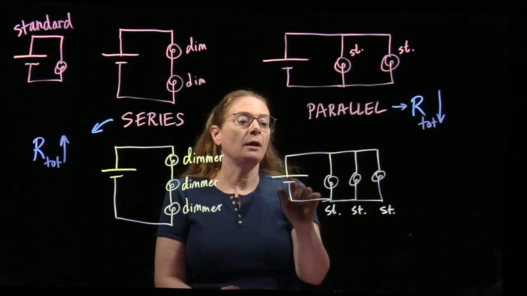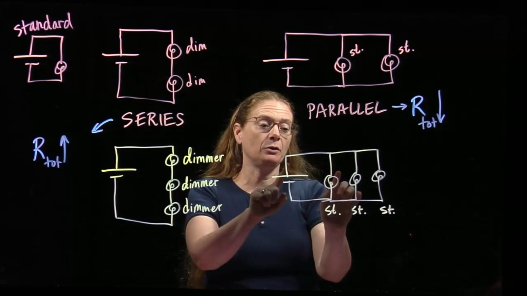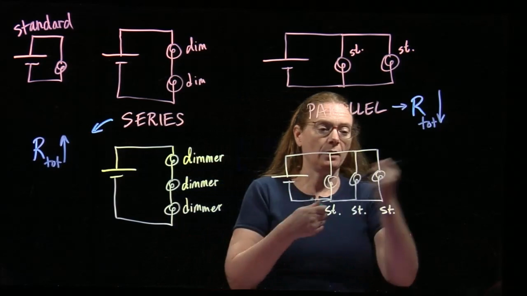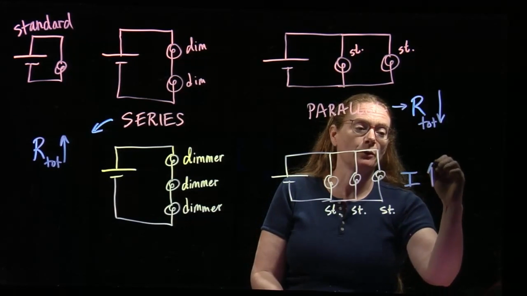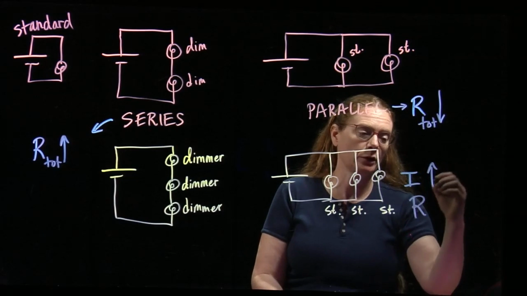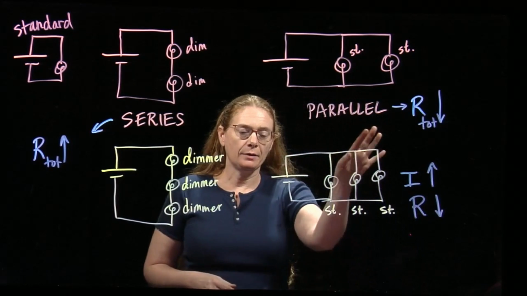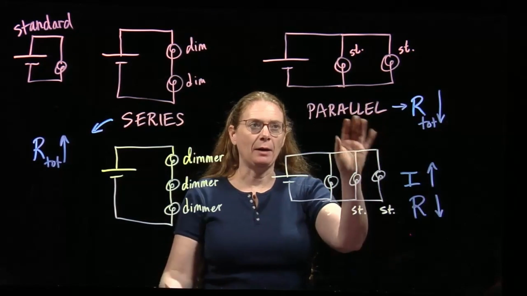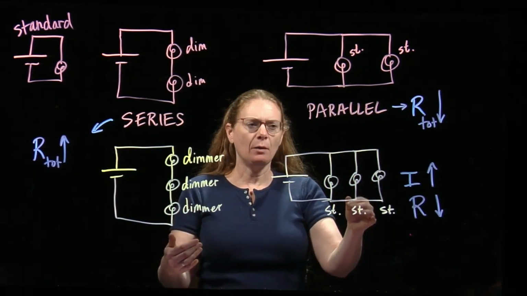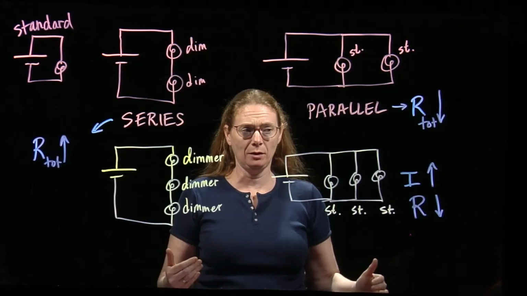Here, I've got to have enough flow of charge to light this one, and this one, all standard. So the amount of charge that flows goes up, and we know that if the flow of charge goes up, resistance goes down. Now this one is counterintuitive. I'm adding bulbs, which are resistances, but somehow the total resistance of the circuit goes down. What the heck is going on there?